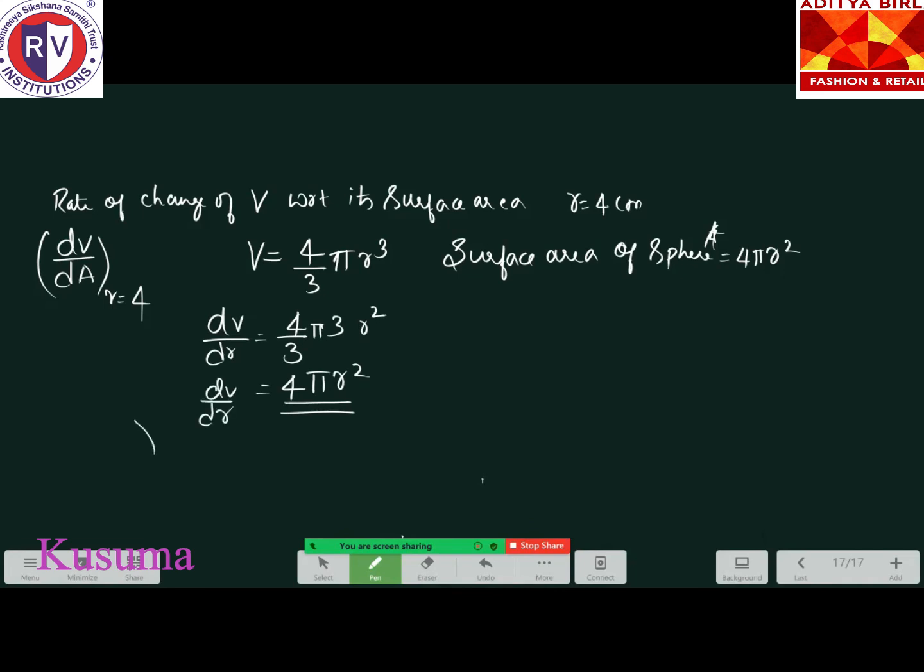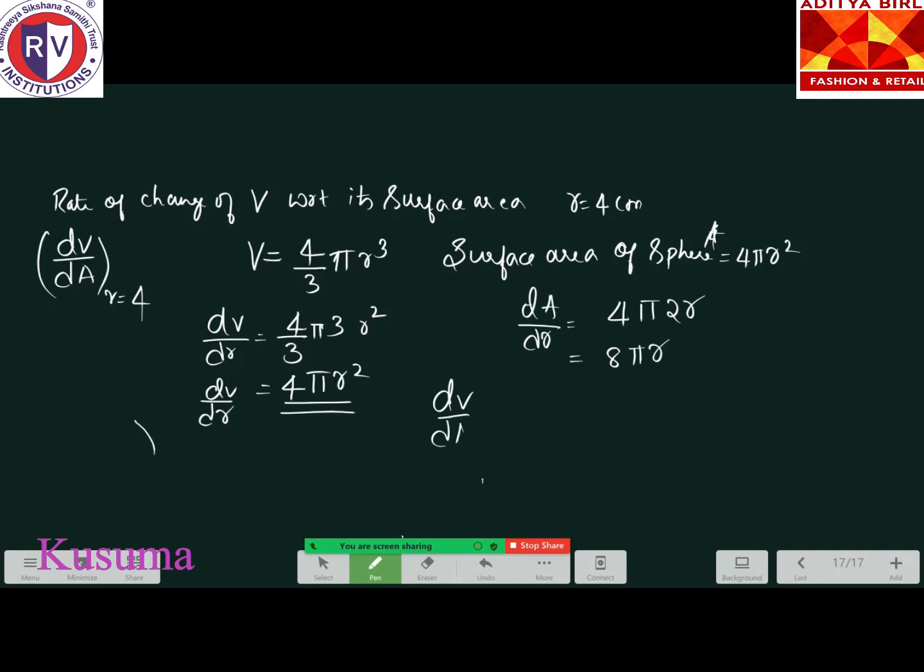Now let us find dA by dr. dA by dr will be 4 pi into 2r, that is 8 pi r. We need dV by dA.